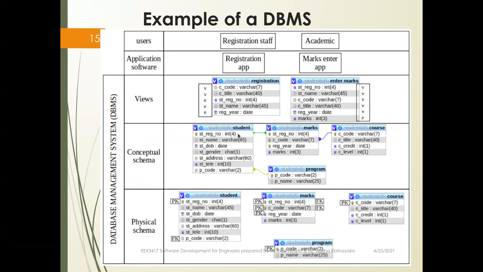Unique means, there are records. Okay, I will explain later. For each record, a record is one single student's data. How to access one single student's data? By using the registration number. Here the registration number is unique.